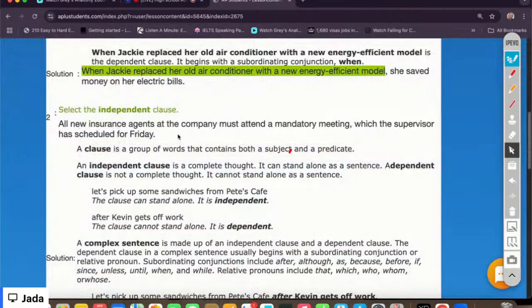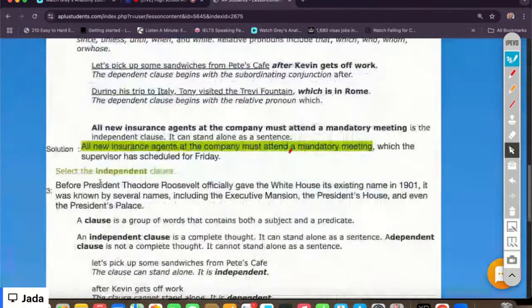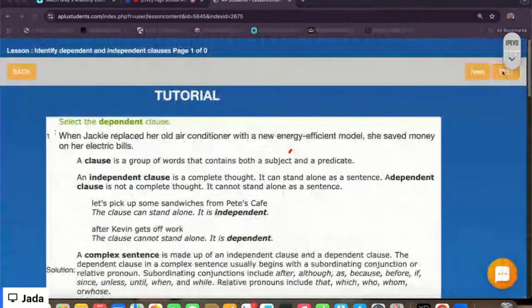Okay. All new employees at the company must attend a mandatory meeting, which the supervisor has scheduled for Friday. Which is the beginning of the dependent clause. And then from the beginning here, we have the independent clause. So let's move to the test, and you can share your answers with me if you know them.